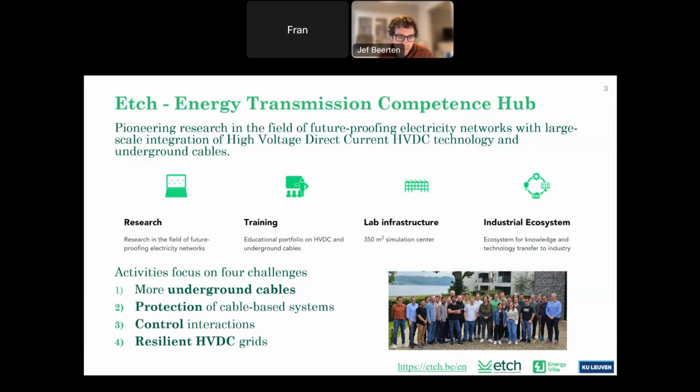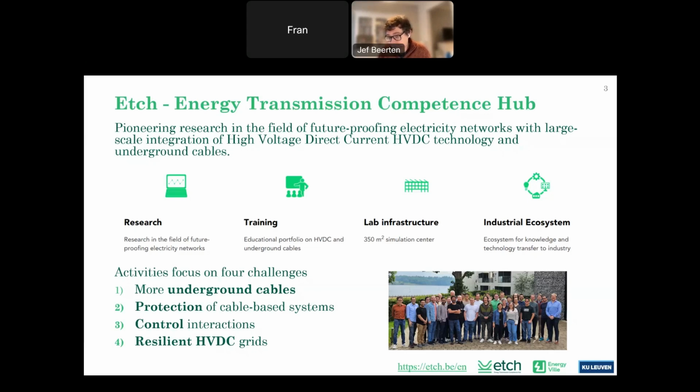And at Etch, that's our competence hub. It stands for the Energy Transmission Competence Hub. It started out of Energyville, which is a research collaboration between KU Leuven as a university, University of Hasselt, and then Vito and IMEC as national labs.